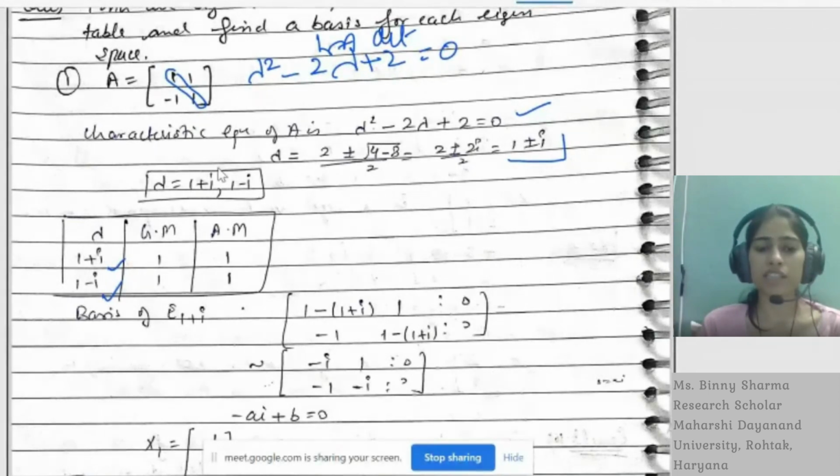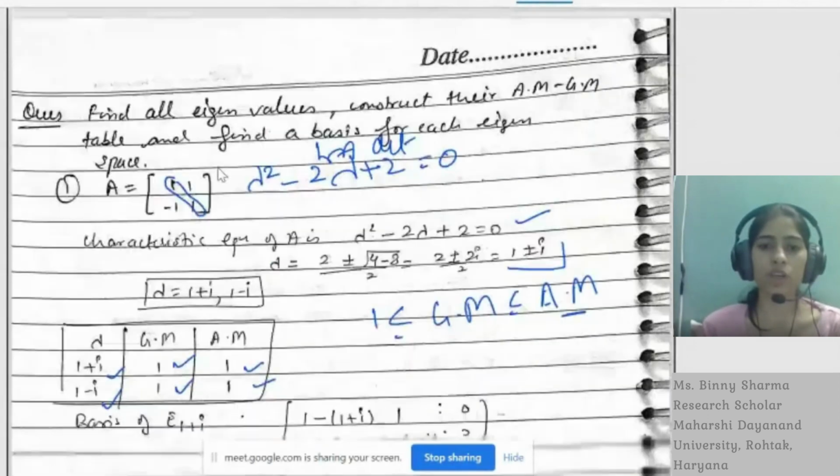Algebraic multiplicity is how many times a root appears. So both have algebraic multiplicity of 1. And we have studied that GM lies between 1 and the algebraic multiplicity. So if the algebraic multiplicity is 1, then GM should also be 1.